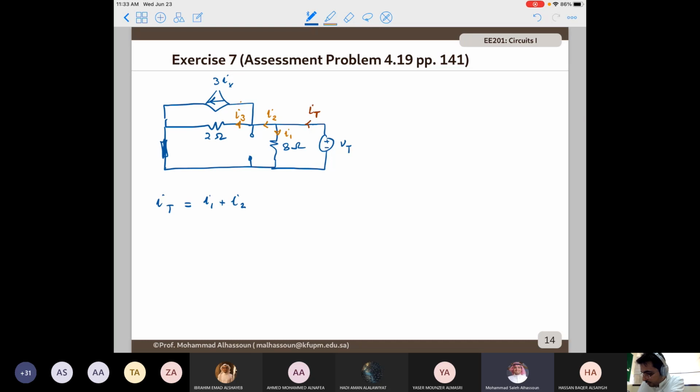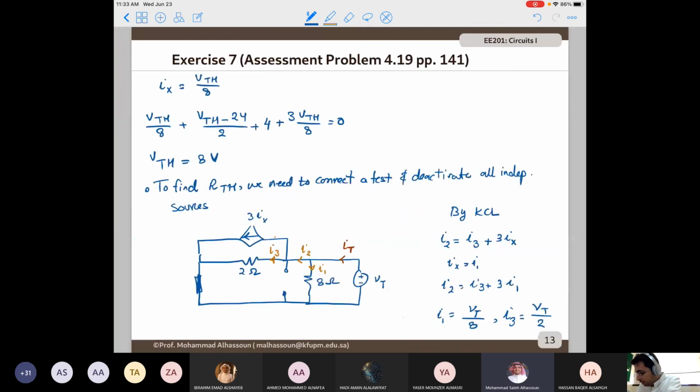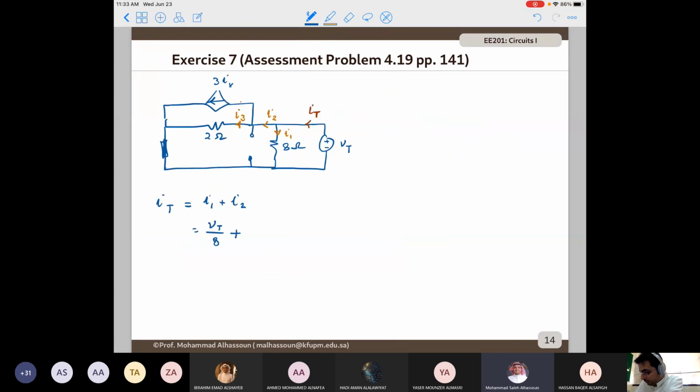We know that I1 is VT divided by 8. I2 is going to be I3 plus 3Ix, which is I3 plus 3I1. We know that I1 is VT divided by 8, and I3 is VT divided by 2.